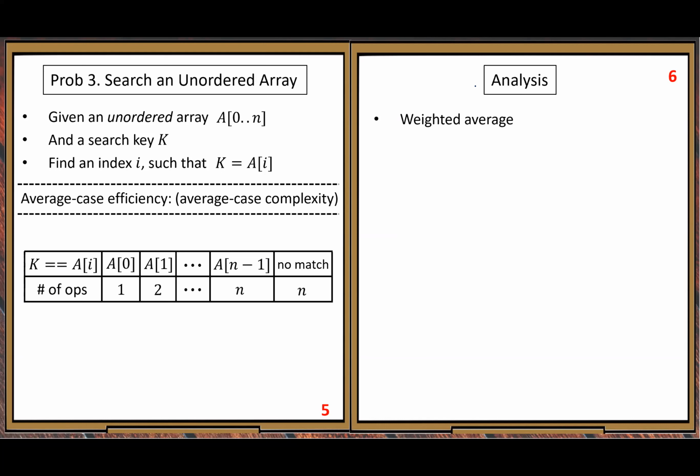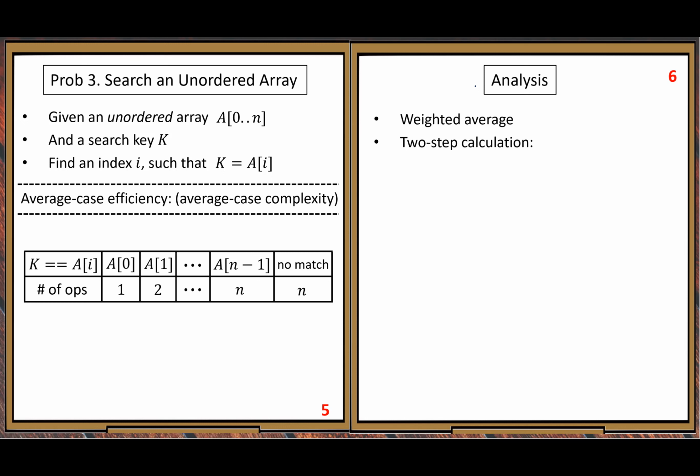The weights could be different; they are not always the same. So in our current question, we consider the weighted average, and we use a two-step calculation, because we have a matching case and a no match case.